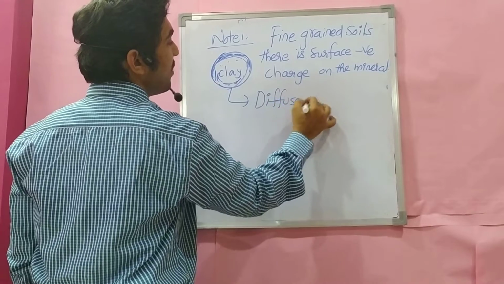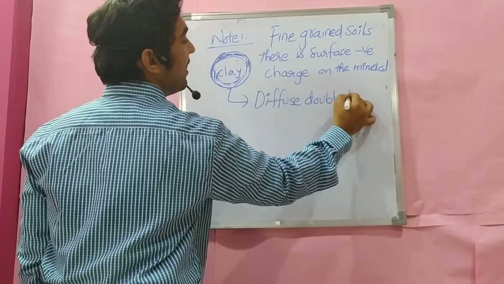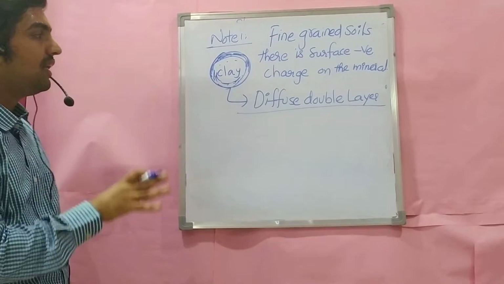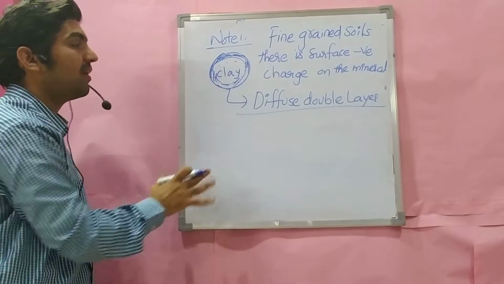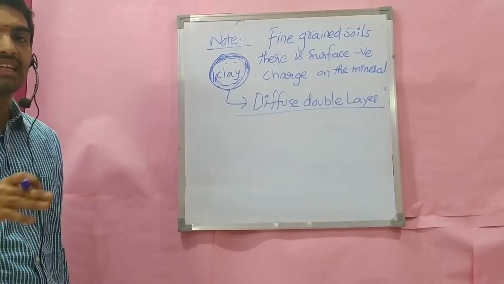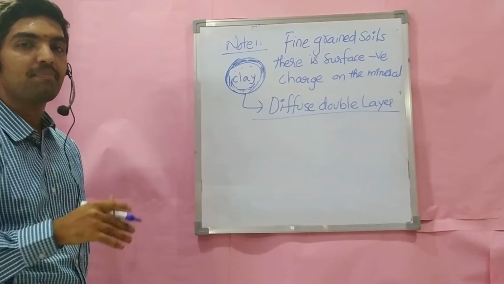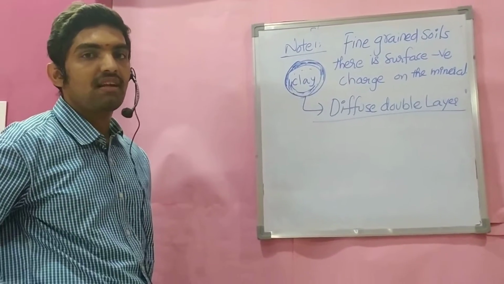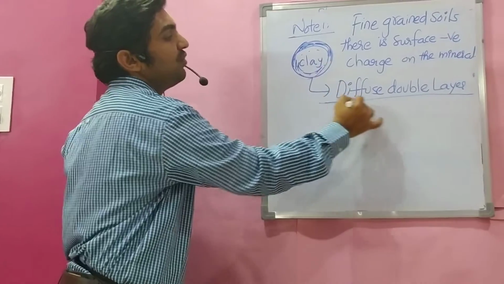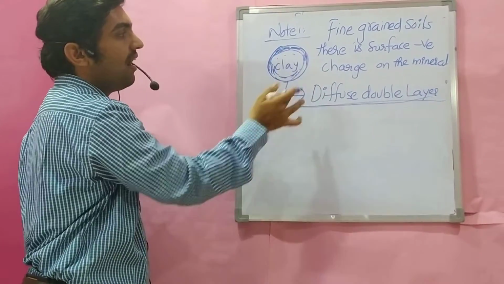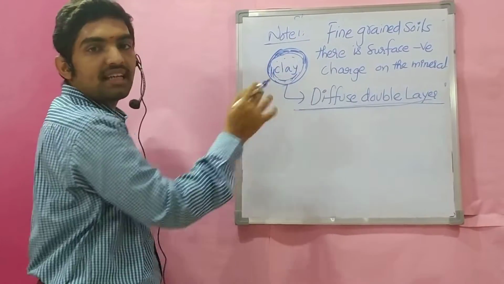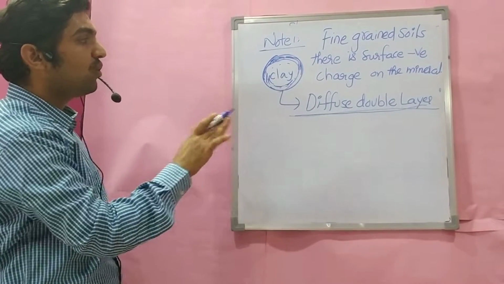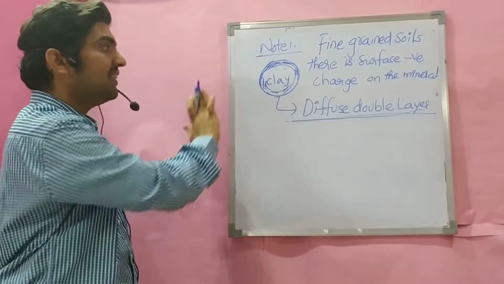The diffuse double layer is present inside the clay. This is important for competitive exams. Just brief knowledge is important. Don't go in depth for this chapter. Don't go inside the soil structure, geology, all these mineralogy, because all these are not for civil engineers, they are for geological people. So the diffuse double layer is present inside the clay. In all fine-grained soils, there is a surface negative charge on the particle. That's all. You keep this in mind only. Don't go deep into the subject and worry. This much is enough.